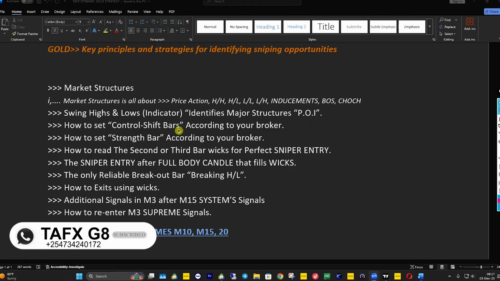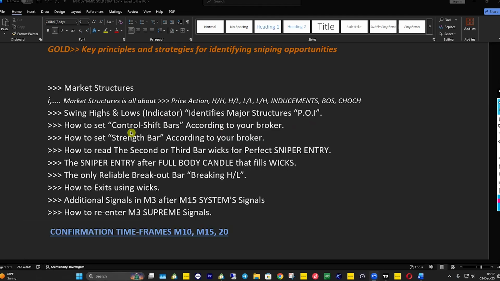How to set control shift bars according to your broker, because that is one of the secrets, because we don't use the same broker, neither do we use the same leverage. So it will be very important to show you how to set the control shift and shift bars according to your broker. We are going to work hand in hand with you, because we want you to be profitable as we are on our side.